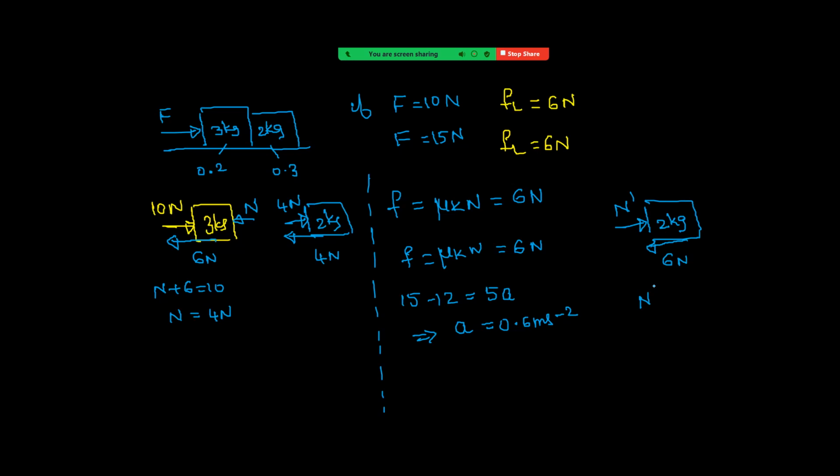Net force means N dash minus 6, and this equals mass 2 kg times acceleration 0.6. So N dash equals 2 into 0.6, which is 1.2, and 6 plus 1.2 is 7.2. This is the force acting on the 2 kg block by the 3 kg block, or on the 3 kg block by the 2 kg block. Like this, we can expect problems.